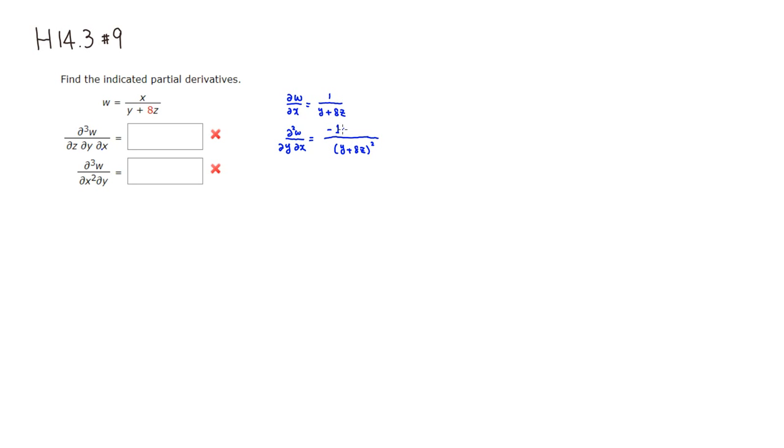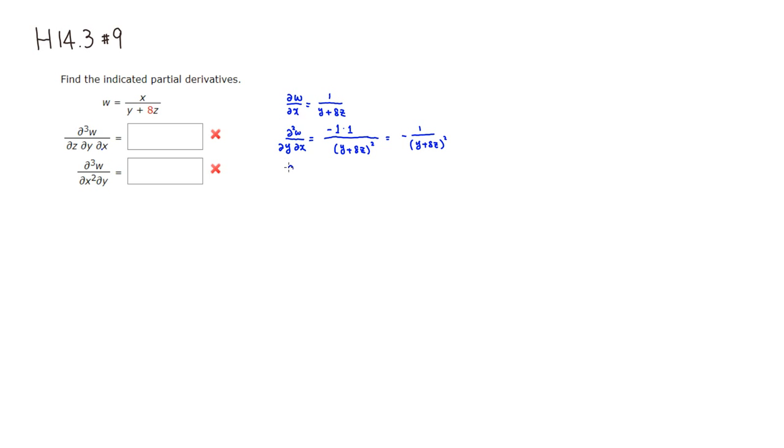The derivative of y is 1, and the partial of 8z with respect to y is 0. So it's just going to be 1, and you will get negative 1 over quantity y plus 8z squared.